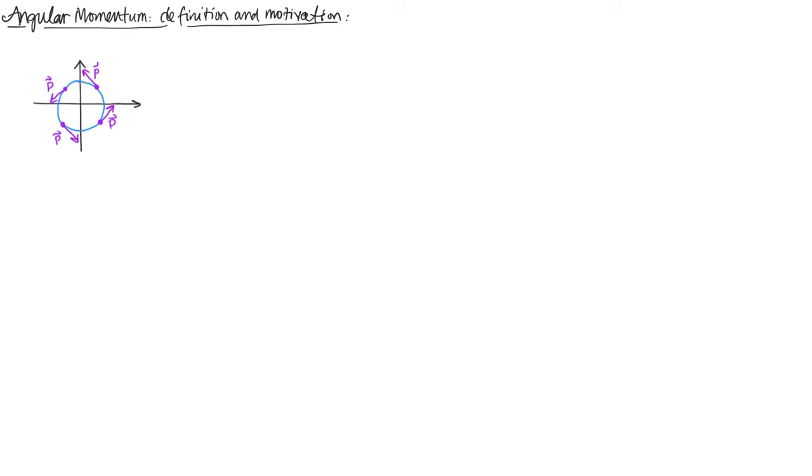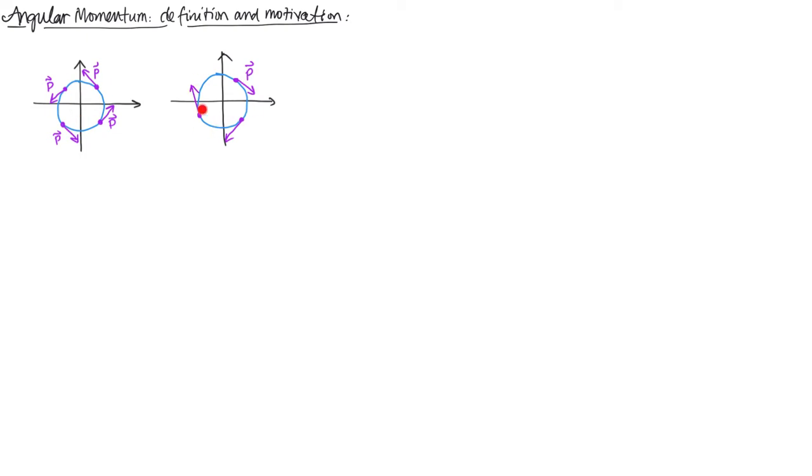The other thing to think about is you could have the same setup, circular motion, but maybe the particle is going in the other direction. So instead of moving in the counterclockwise direction, maybe it's moving clockwise. So these are different momenta vectors at different instants of time. And these two cases are different. The case on the left is counterclockwise rotation.